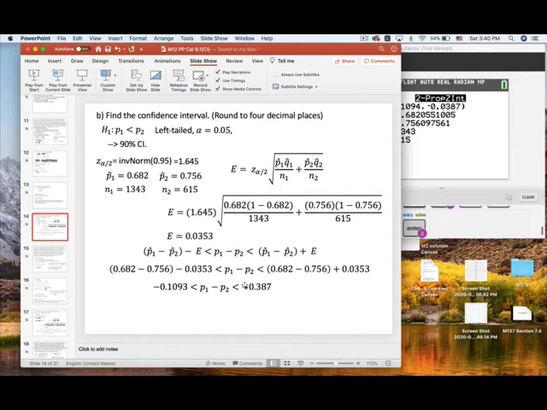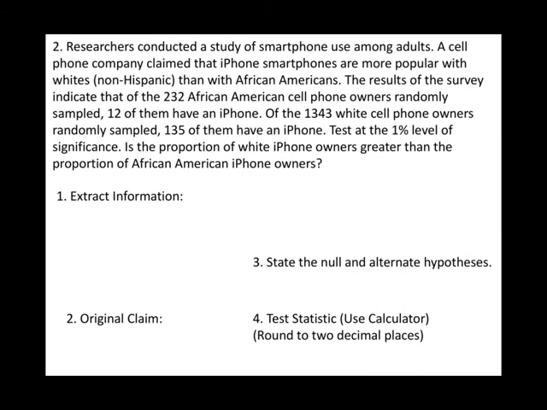Okay, try another example. Example 2. Researchers conduct a study of smartphone use among adults. A cell phone company claimed that iPhone smartphones are more popular with whites than with African Americans. The results of the survey indicate that of the 232 African American cell phone owners randomly sampled, 12 of them have an iPhone.